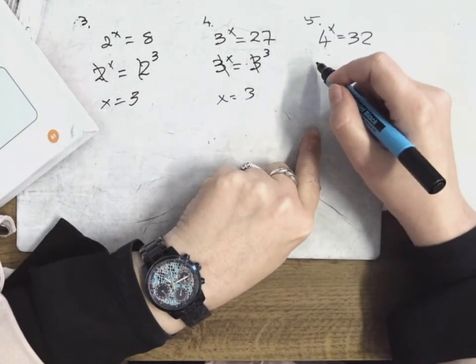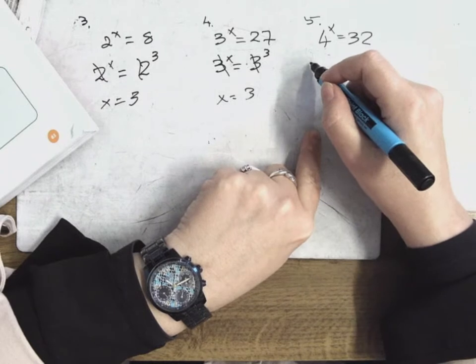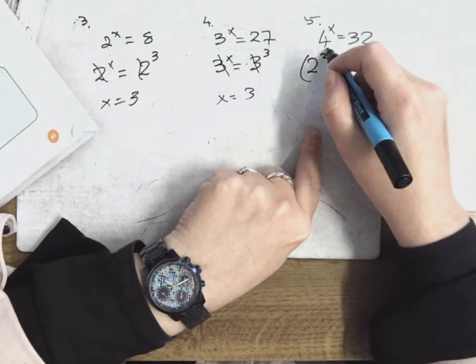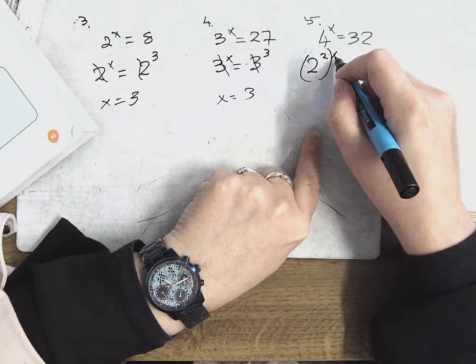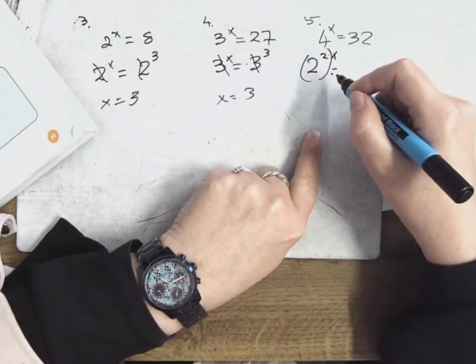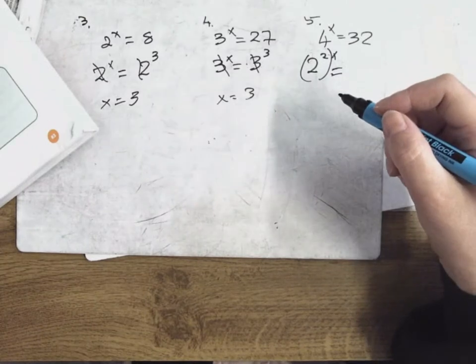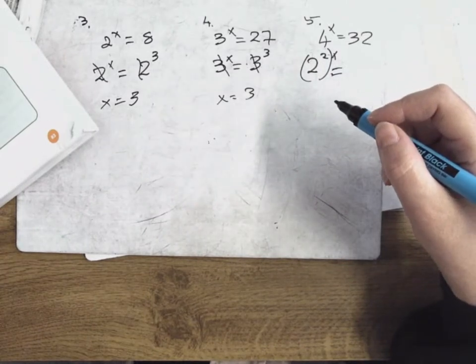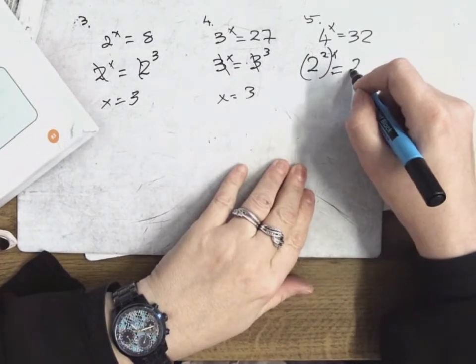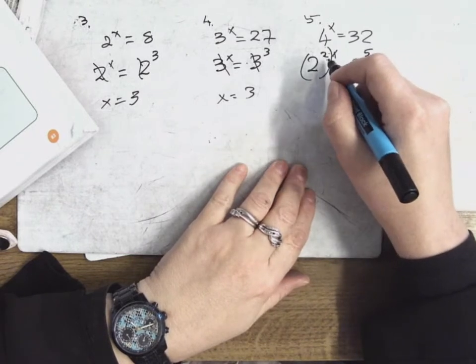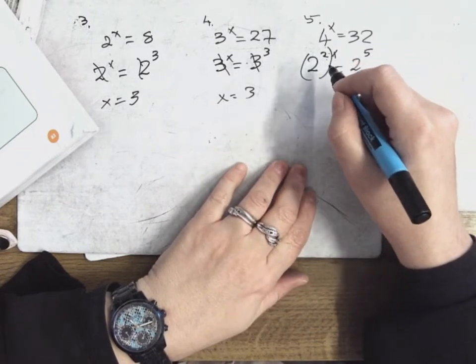So write 4 as a power of 2. What's 4? 2 to the power of 2. So 2 by 2 is 4. 2 to the power of 4 is 16, I'd say. Right? 32. 2 by 2 is 4, by 2 is 8, by 2 is 16, by 2 is 32. So that's 2 to the power of 5. Okay? Raising a power to a power, what's the rule? You multiply, isn't it?